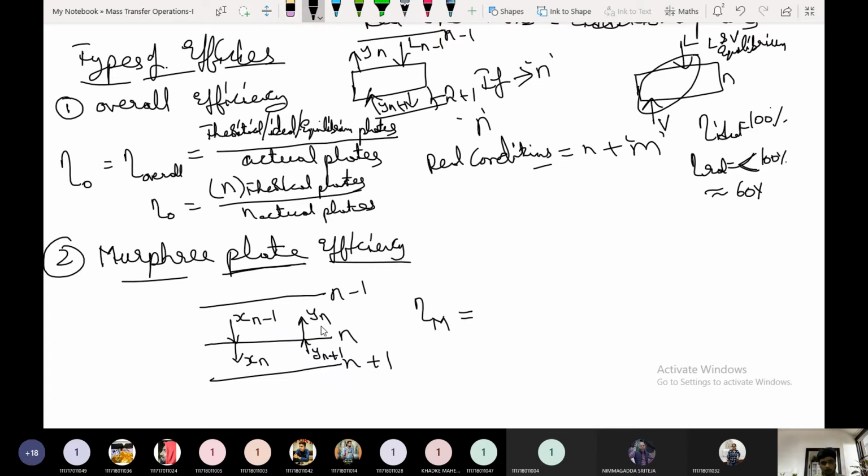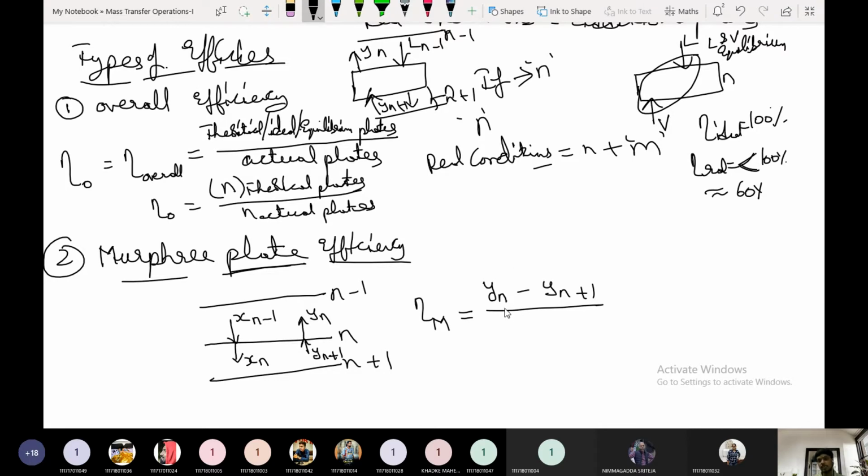It is the difference in the vapor compositions at a particular plate, the plate to which we are applying it. So the difference between this plate, y n minus y n plus 1, divided by the equilibrium difference. Plate efficiency is nothing but the relationship between the actual conditions and ideal conditions. So this is the actual composition change, y n minus y n plus 1.